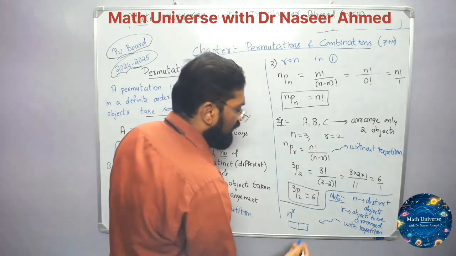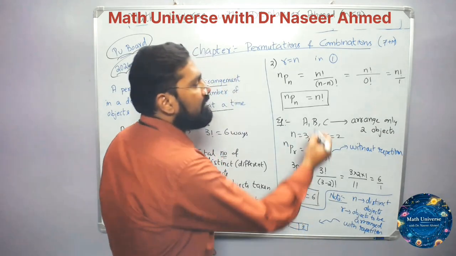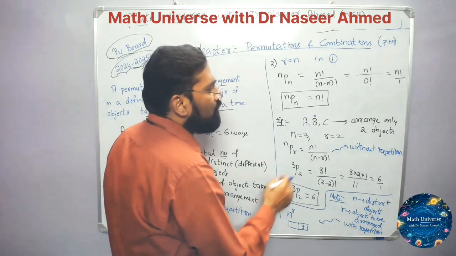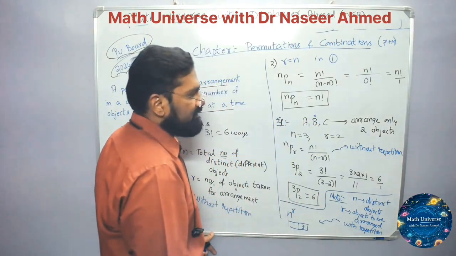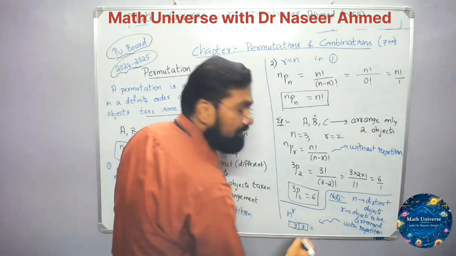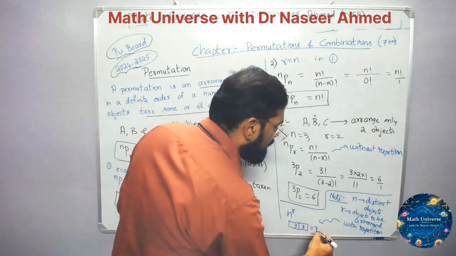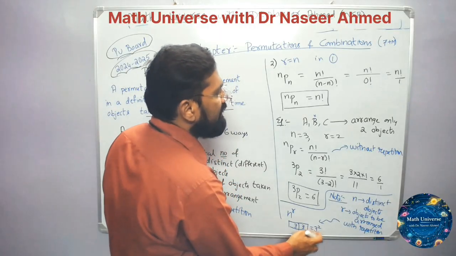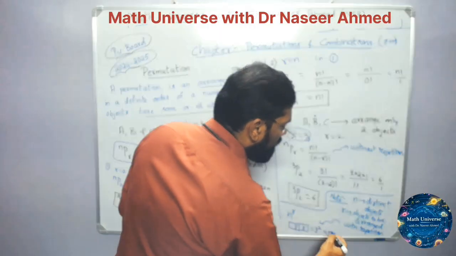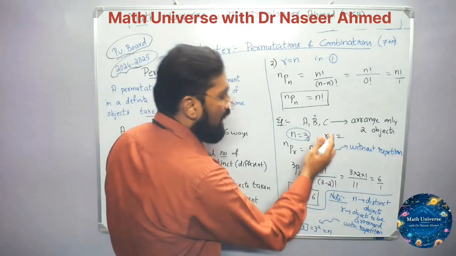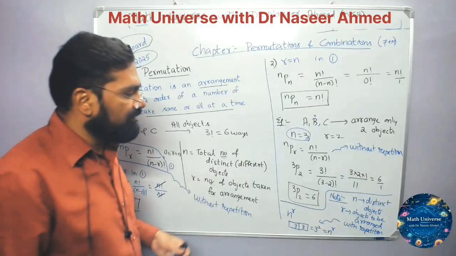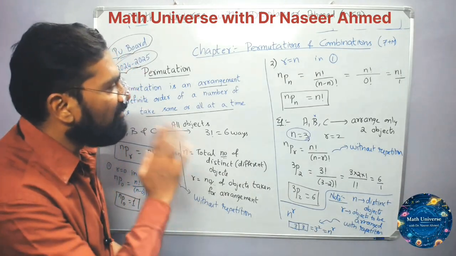Here we have 3 objects, any one of the 3. Suppose B is gone. But again, since repetition is allowed, B is also taken into consideration, so again I have 3 objects. What is 3 into 3? By the fundamental principle of counting, 3 squared. Now understand carefully: what was 3 here? The total number of objects, n. And what is 2? r. So this will be the formula. It may be asked for 1 mark, so make a note of this.